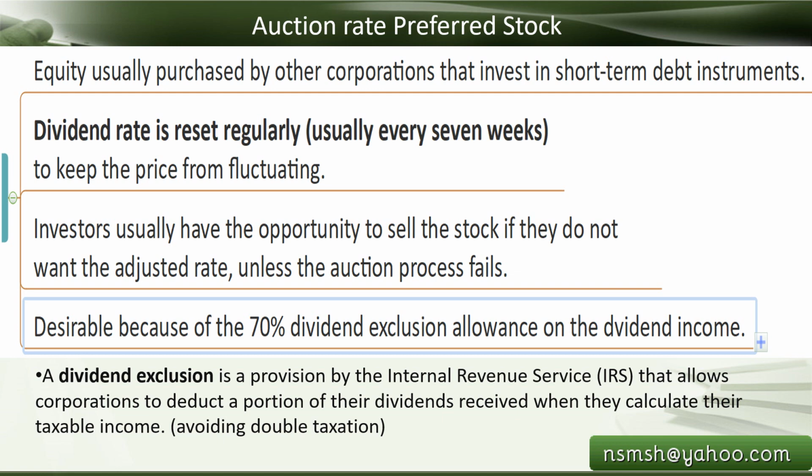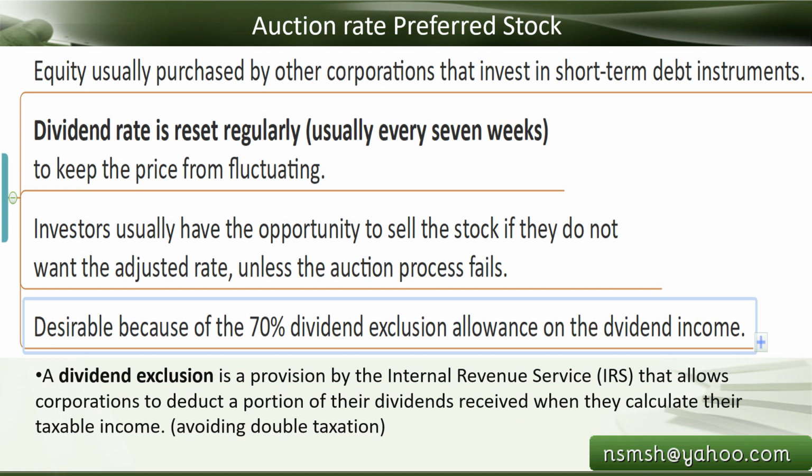Auction rate securities are generally structured as bonds with long term maturities, 20 to 30 years, or as preferred shares issued by closed end funds. Equity is usually purchased by other corporations that invest in short term debt instruments.